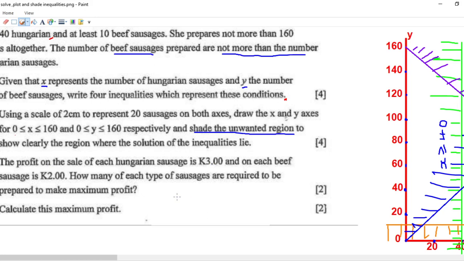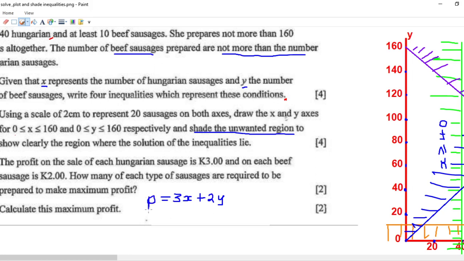So if we sell x Hungarian sausages, we have 3x kwacha, whatever number we sell. Plus, we are calculating the profit, and each beef sausage gives a profit of 2 kwacha. So we have 2 multiplied by y. This is our profit equation.